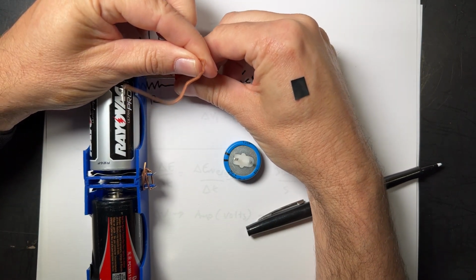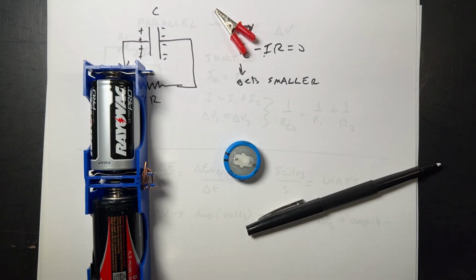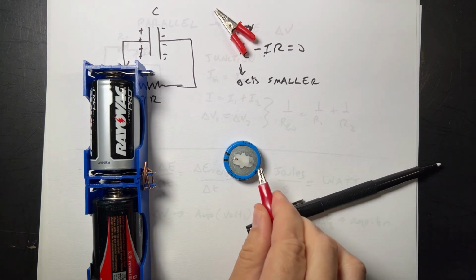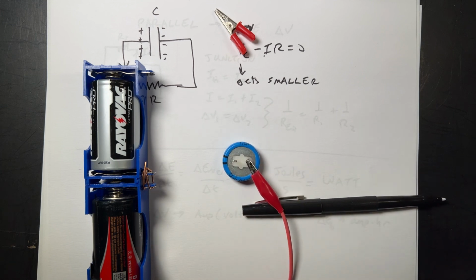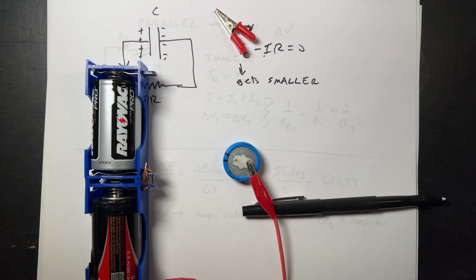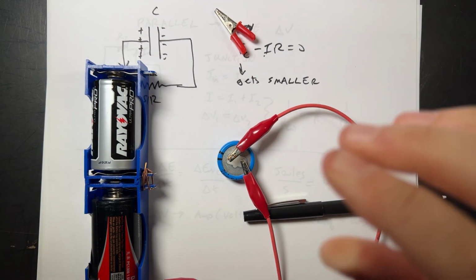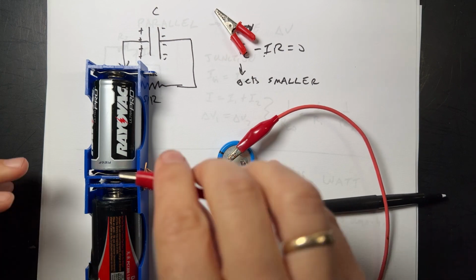I guess I should just use the clip wires, because it'll be easier. So I'm going to take this wire and clip it to this side, and then clip it right there. Then I'm going to take this side, and I don't want the wires to touch. Yeah, this is easier. And I'm going to clip it right here.